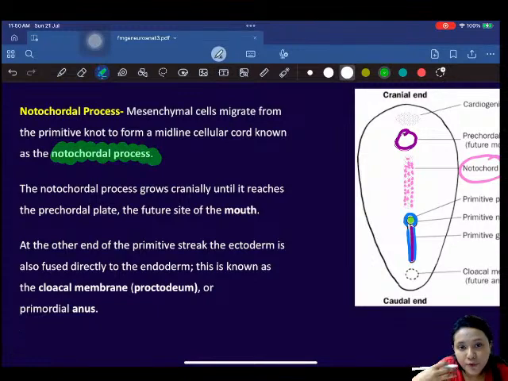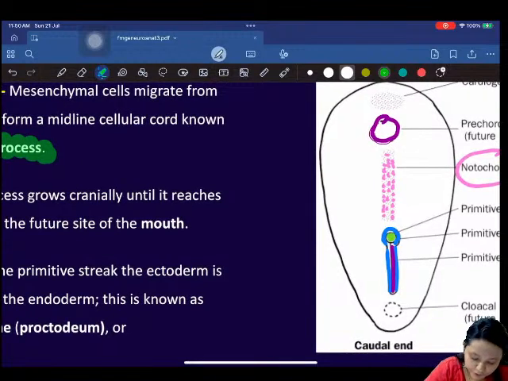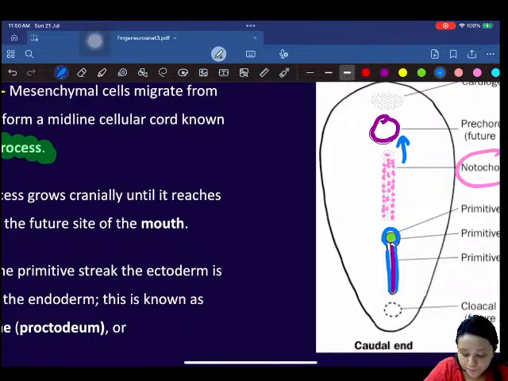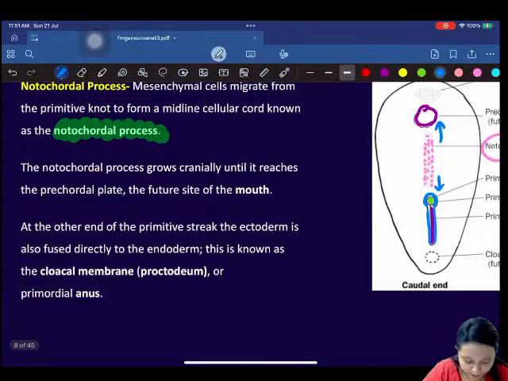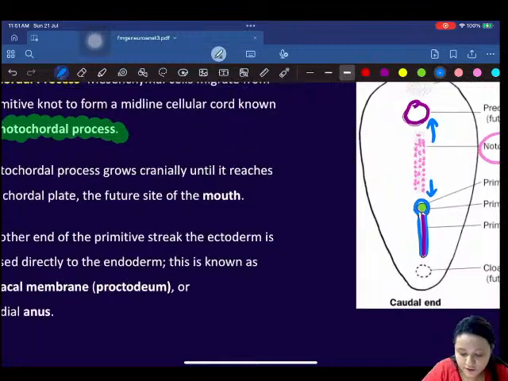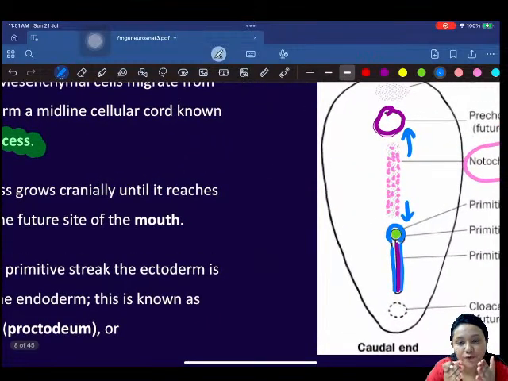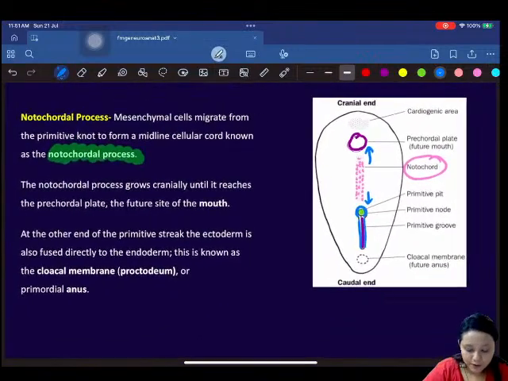Now this process is going to grow towards the precaudal plate, which is going to finally form the future mouth, and it is also going towards the tail, towards the primitive streak, to form the cloacal membrane, that is the proctoderm or the primordial anus. So this process will grow towards the cranial end to form the mouth and go towards the caudal end to form the anus or the proctoderm. So that is about the notochordal process.